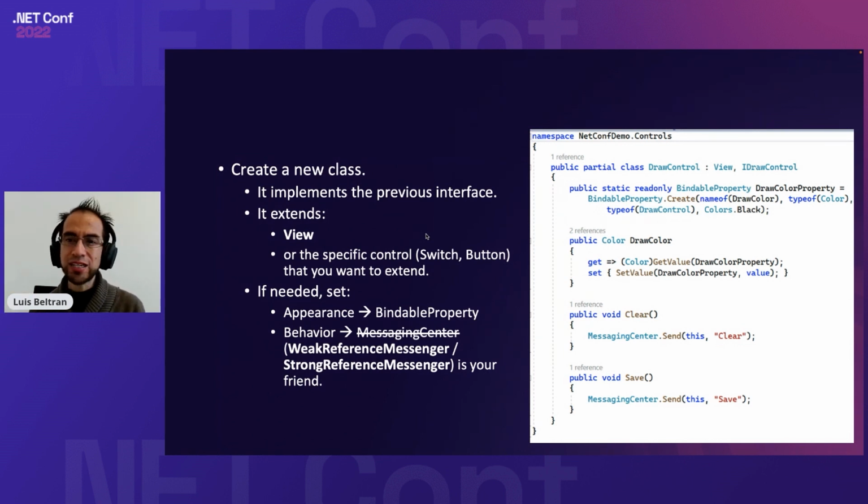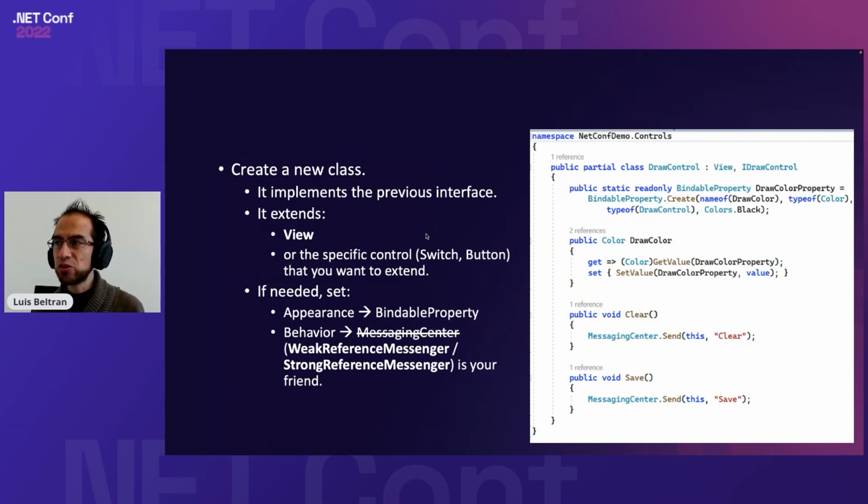And well, in my case, I noticed that it is easy to define, let's say, or subscribe to some methods by using Messaging Center. However, yesterday or two days ago, sorry, we noticed that this characteristic is now deprecated in .NET 7.